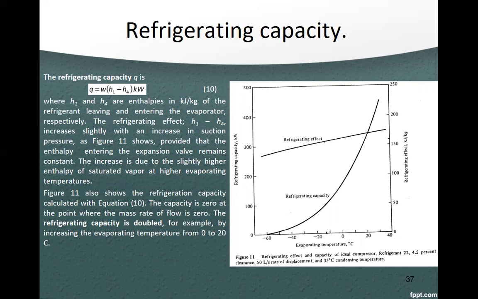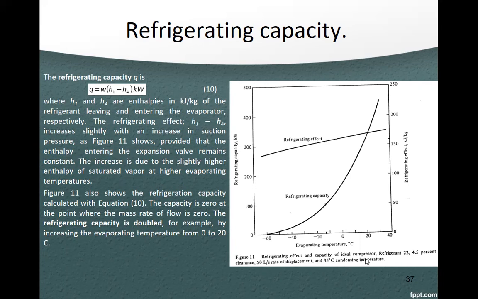The refrigerating effect, S1 minus S4, decreases slightly with an increase in suction pressure, when multiplied by the mass flow rate. Slightly, so it's only slight here, provided that the enthalpy entering the expansion valve remains constant.